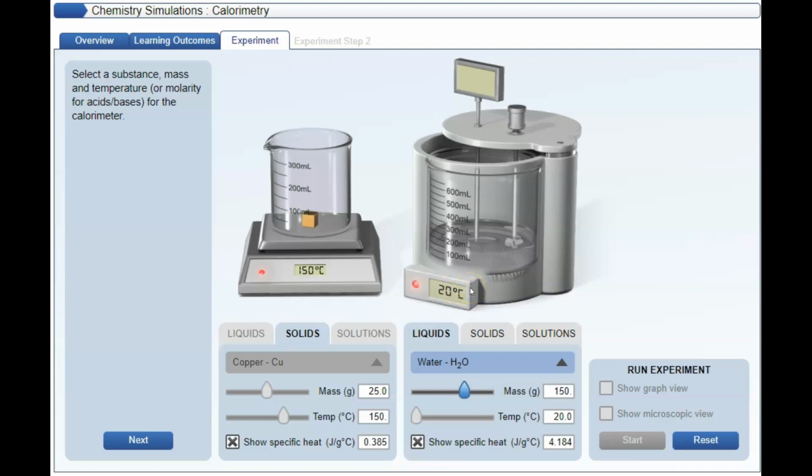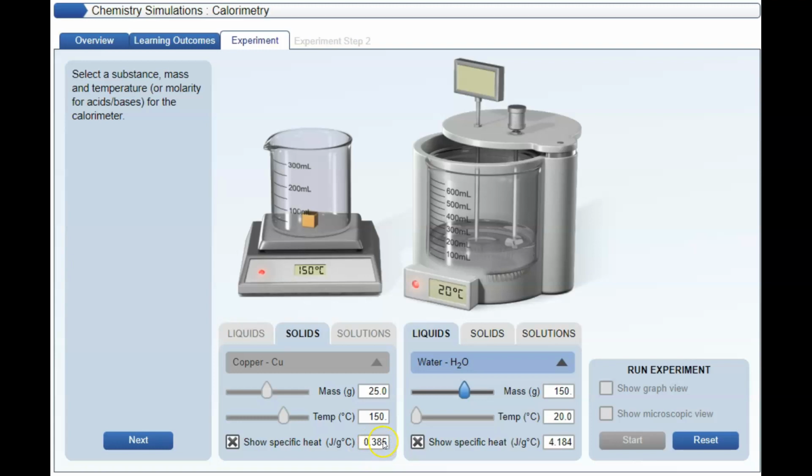And they assume, incorrectly, that the temperature, once you combine the two, will be the average of those, in between 150 and 20, which is not going to happen here. The copper is not going to decrease in temperature by the same amount the water is going to increase in temperature. That is because your specific heats are different.